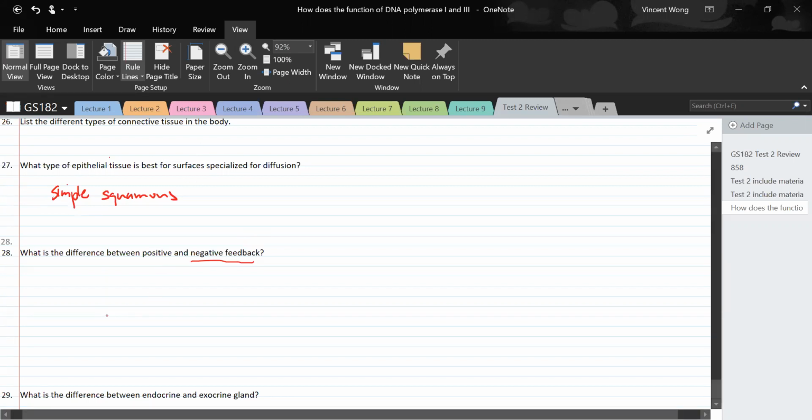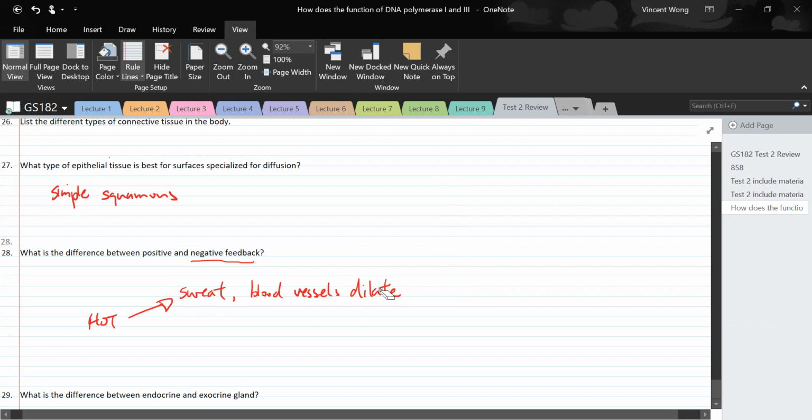Like if you're feeling hot, your body's going to do a bunch of things. You're going to sweat, right? Maybe your blood vessels dilate a little bit, right, to fan off the heat.